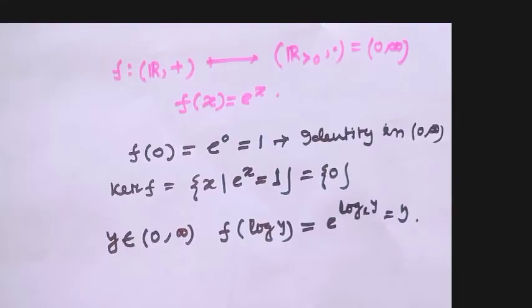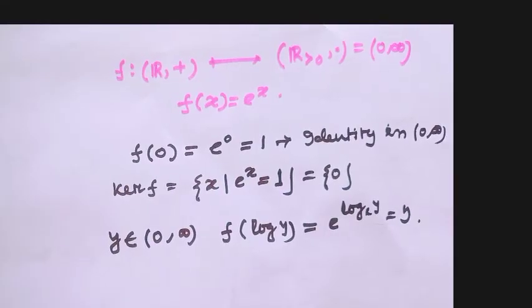Are you getting? And this map on GL n F is not 1-1. Okay? Why? Because here the kernel is SL n F, not identity. Are you getting? Well, let's see one more example.